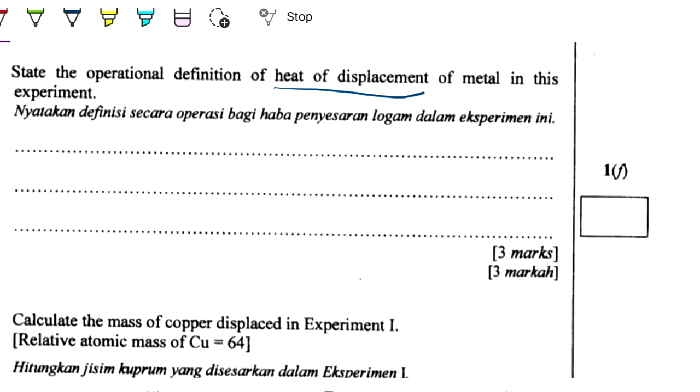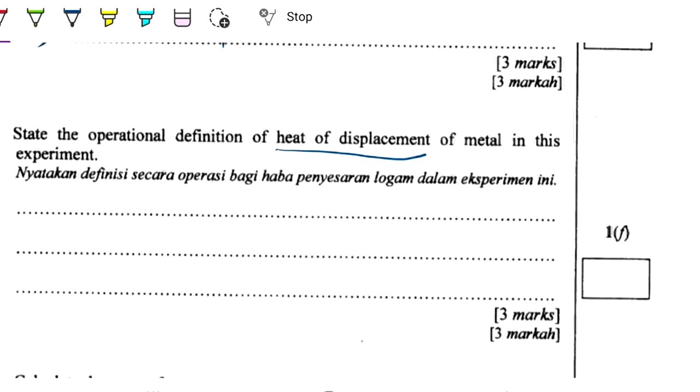F, state the operational definition for heat of displacement. Again, for an operational definition, it is what you observe and what you do. What you do is add the metal into the solution and displace the metal from its solution, and what should be observed is the temperature increase.